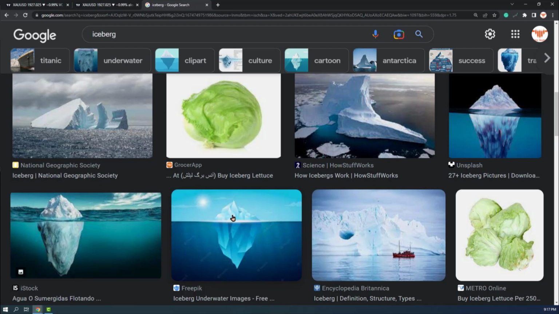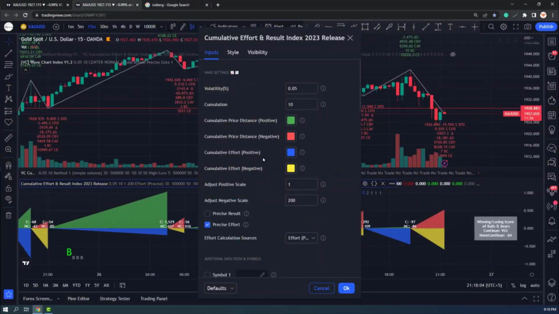So the smart money or institutes are not willing to let retail traders like you, like me, like us, see their orders. That's why they manipulate their orders with different kinds of tactics. That's why we use the precise effort.